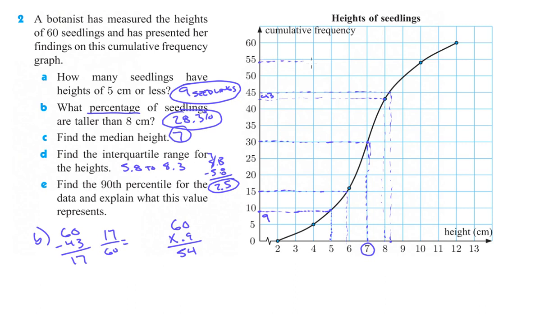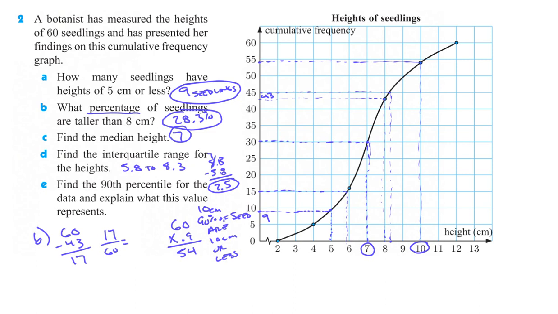Then if we go over on that, it looks like it's this blue dot right here, which goes straight down to 10. So it is 10 centimeters, and that means that 90% of the seedlings are 10 centimeters or less.